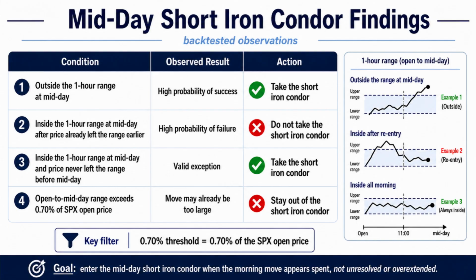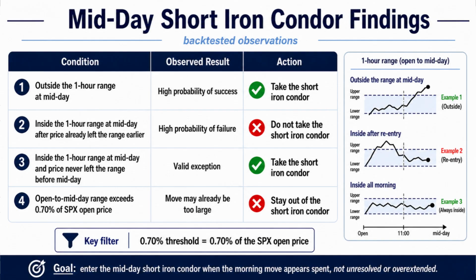Again, these are just days that are whitelisted and predetermined to be the short iron condor trading days. But in regard to the first hour range, a large proportion of the winners were at the time of the trade outside the first hour range. A large proportion of the losers were inside the first hour range, with the exception being those that were inside the first hour range and had not left the range up to that point were also likely to win.